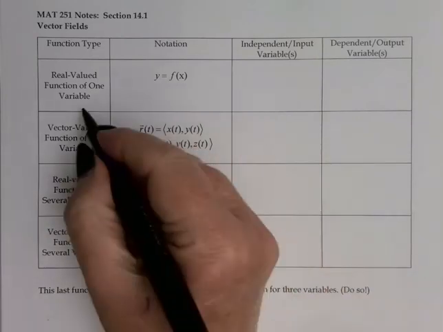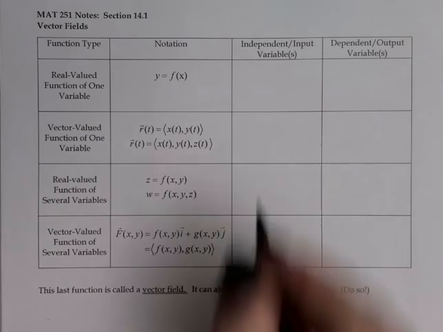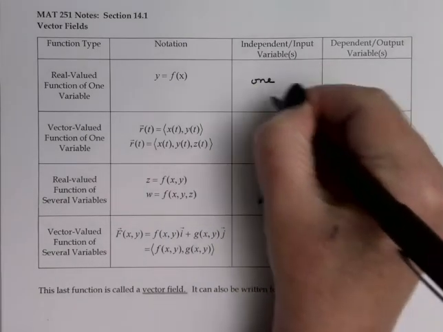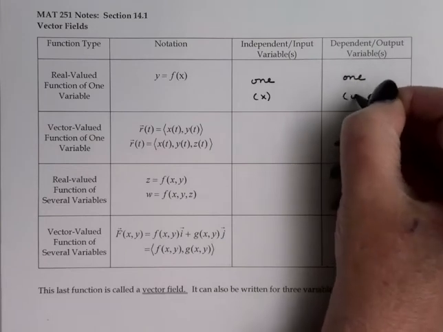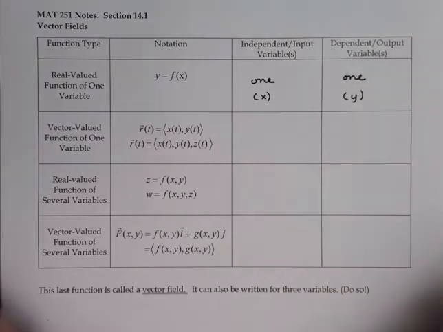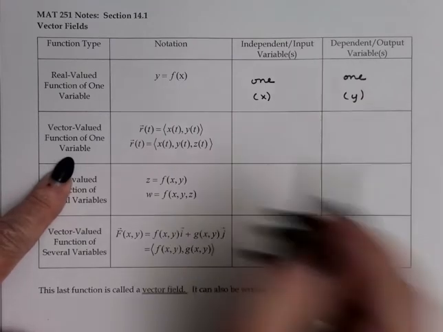Our original function, y is equal to f of x, had one independent variable, typically x, and one dependent variable, typically y. At the beginning of this term, we looked at vector-valued functions of one variable.